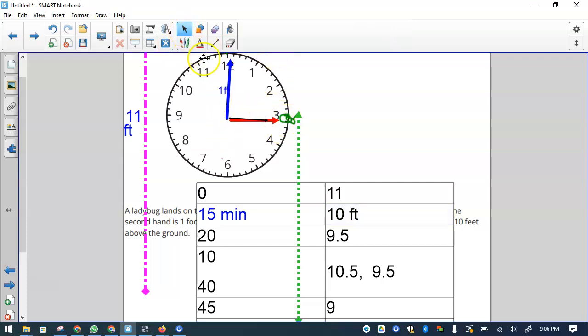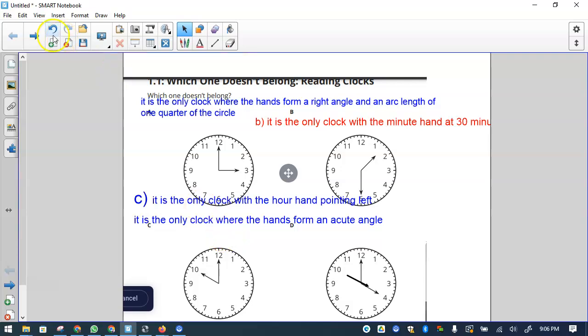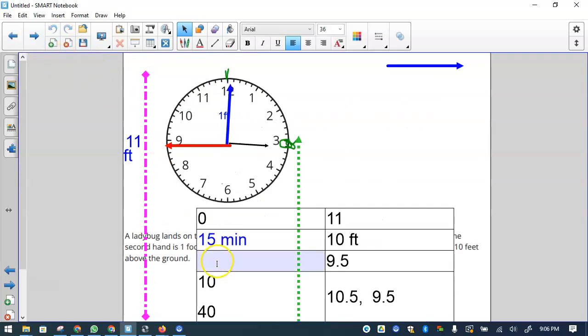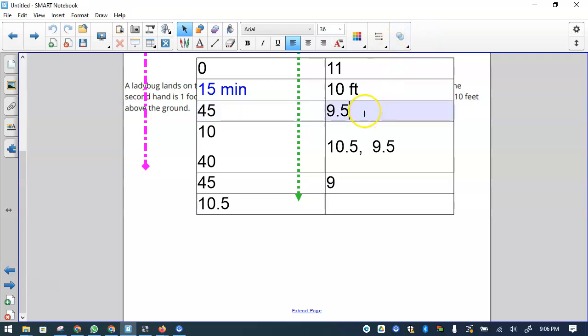Once you cross 3:15, then again, 30 minutes past, 35, 40, and again 45. When it is 45, it will be back to 10 foot. So this is 45 minutes.